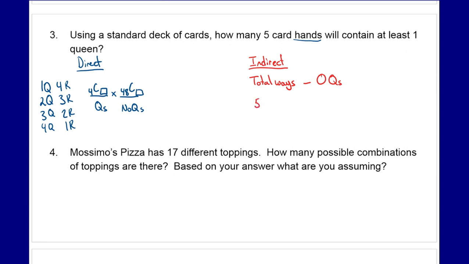So in total, we're basically selecting or choosing 5 cards. So 52 choose 5, minus no queens, which would be 48 choose 5. I have 48 cards that aren't queens, choosing 5 of them, and end up with 886,656.